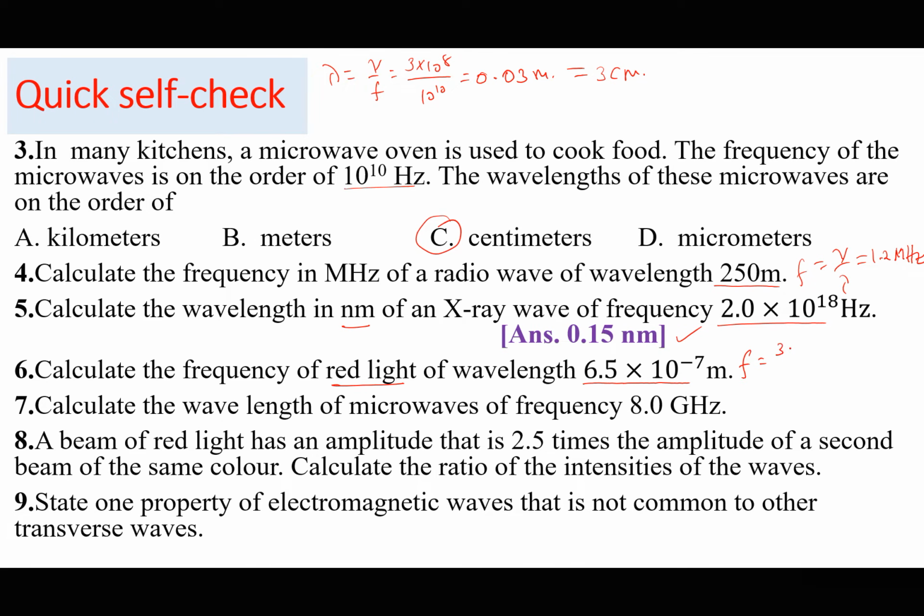Frequency is equal to 3 times 10 to the power of 8 divided by the wavelength, which is 6.5 times 10 to the power of minus 7. You can try to verify. Calculate the wavelength of microwaves of frequency 8 gigahertz. Remember, giga is 10 to the power of 9. So the frequency is 8 times 10 to the power of 9. So you can just substitute in the equation and find the wavelength.